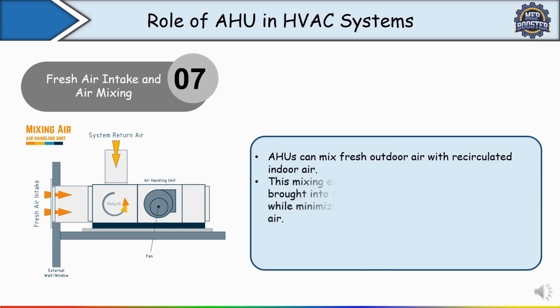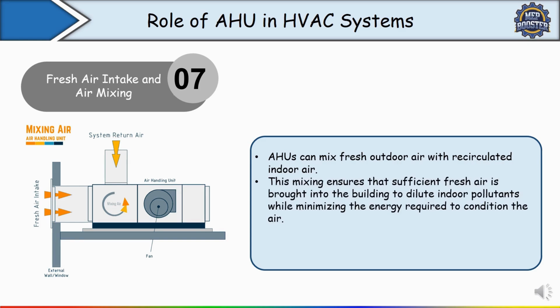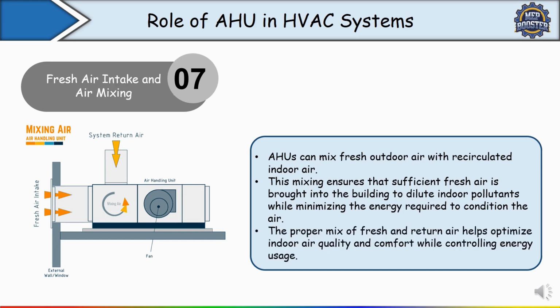This mixing ensures that sufficient fresh air is brought into the building to dilute indoor pollutants while minimizing the energy required to condition the air. The proper mix of fresh and return air helps optimize indoor air quality and comfort while controlling energy use. So this process helps in reducing the energy load required to condition entirely fresh outdoor air.